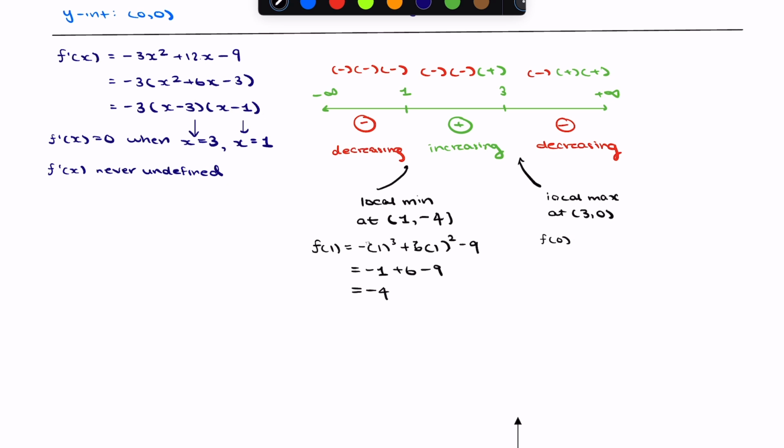F of 3 is equal to negative 3 cubed plus 6 times 3 squared minus 9, which is equal to negative 27 plus 54 minus 27. 54 minus 54 is equal to 0.